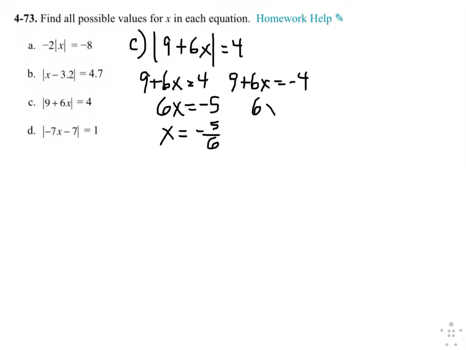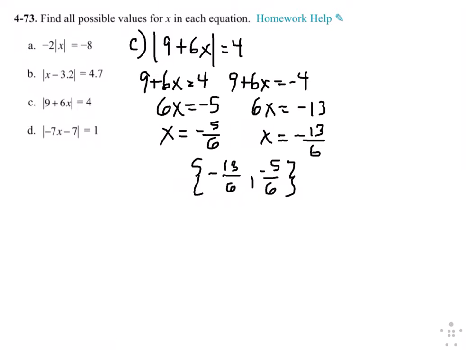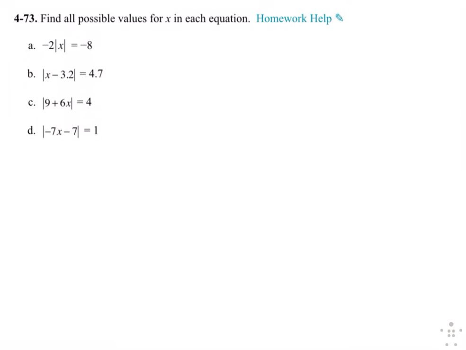Over here I subtract 9, and I get 6x equals -13, and divide by 6, and I get x equals -13/6. So the solution set is -13/6, -5/6 for C.